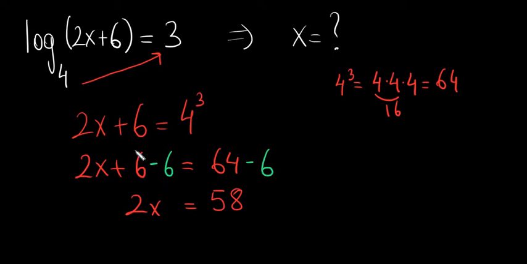Now I can divide both sides by 2, and 2 and 2 cancel out. So x equals 58 divided by 2, which is 29. So in this equation, x is equal to 29.